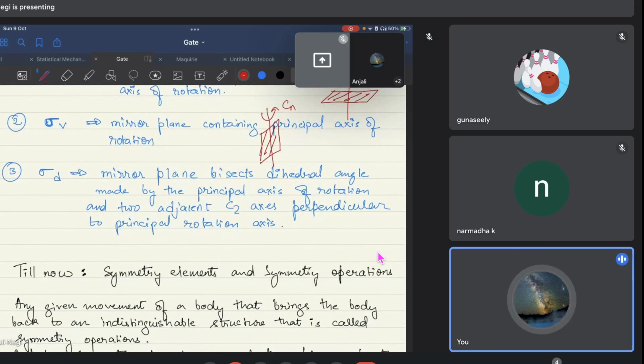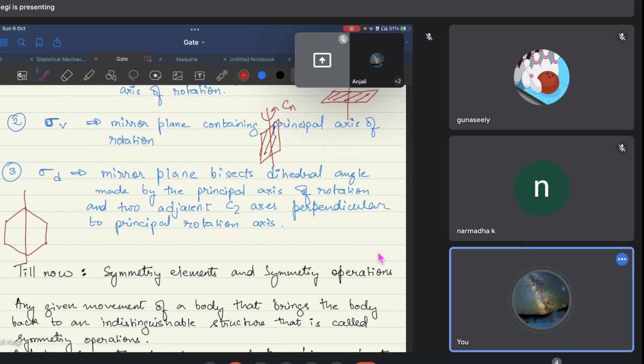Again, sigma d is the mirror plane which bisects the dihedral angle made by the principal axis of rotation and the two adjacent C2 axes perpendicular to the principal rotation axis. I have an example in a later slide also, but here you can understand this is a benzene molecule.